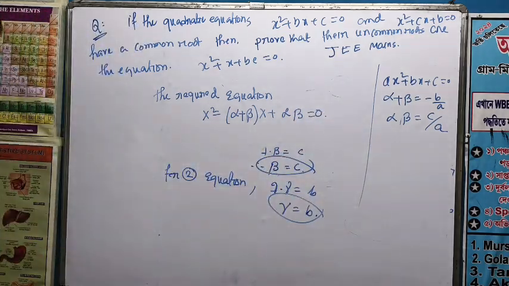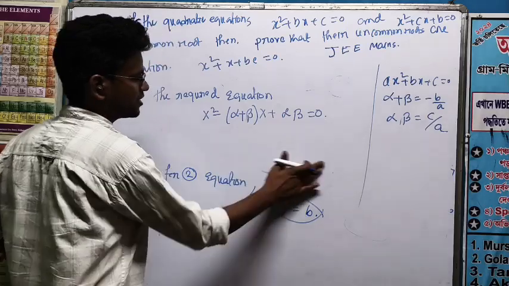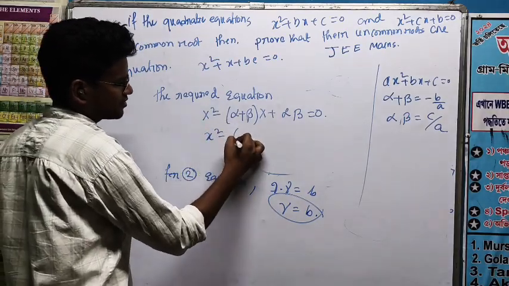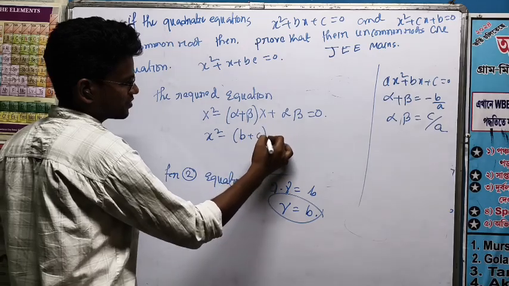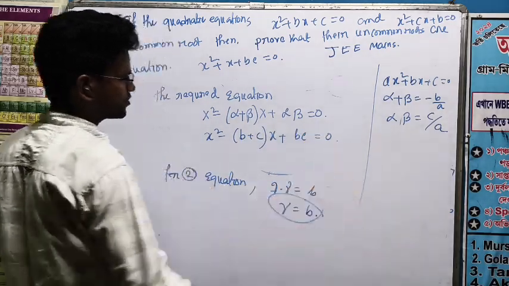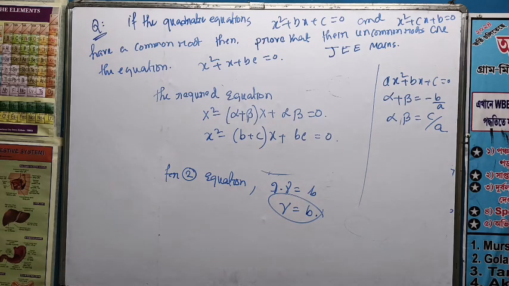That means x square minus b plus c into x, plus b into c, is equal to 0. So how can we determine this b plus c?